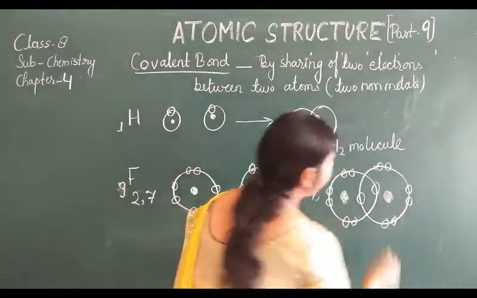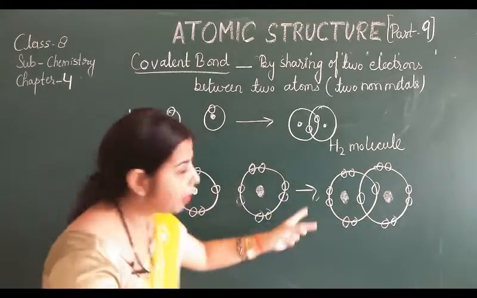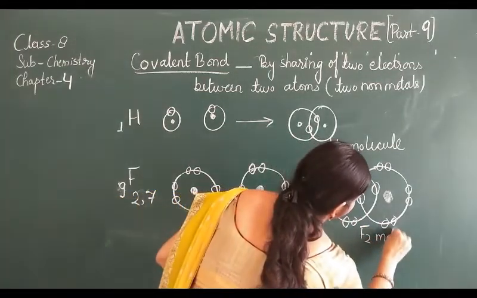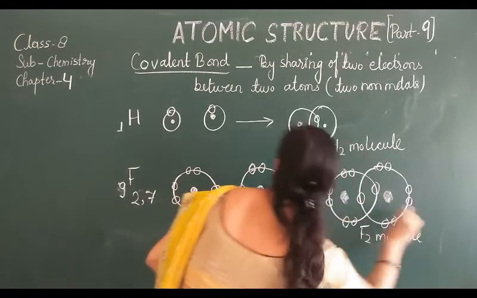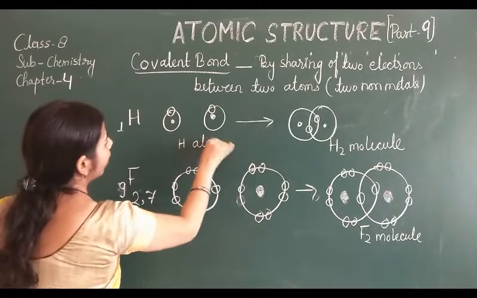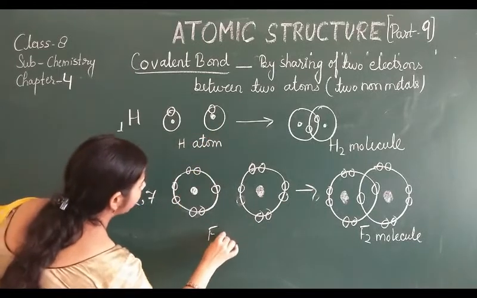In this way they become stable and form the fluorine molecule. These are the hydrogen atoms and this is the fluorine atom.